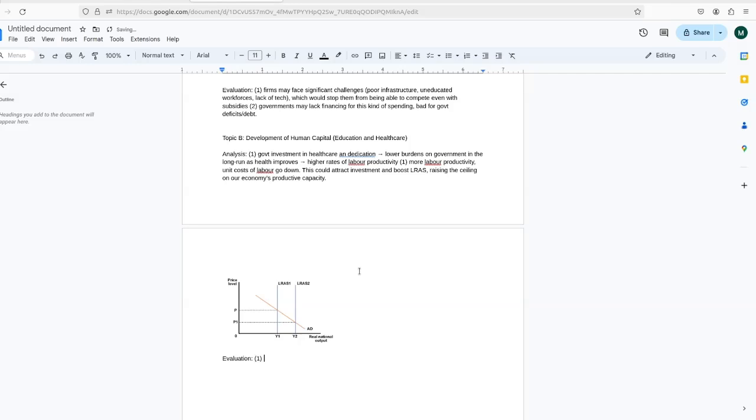For evaluations, I could make a similar point, right, about cost. I wouldn't want to do this for both, but if I've not made it for the first one, I can make it for the second. So it could be government deficit, trade-offs with other government policies. I'd also mention maybe we could be crowding out private investment.